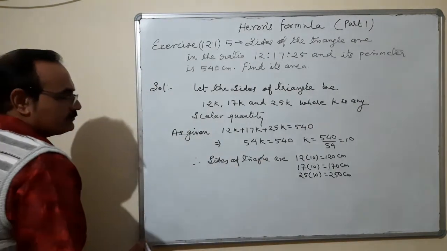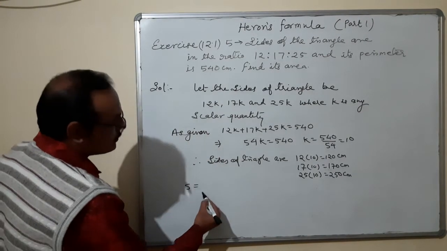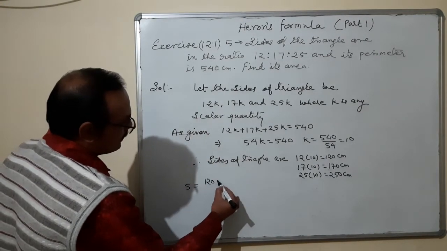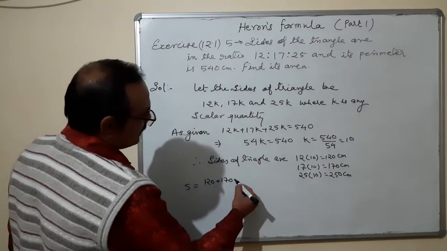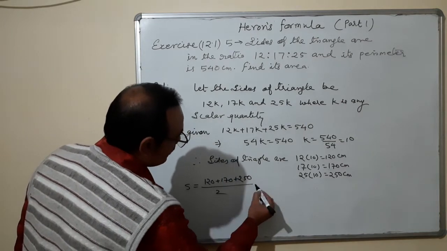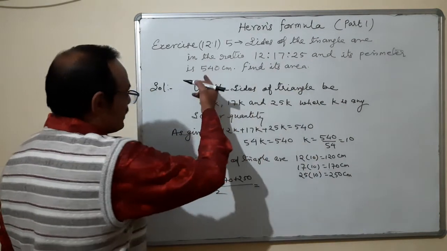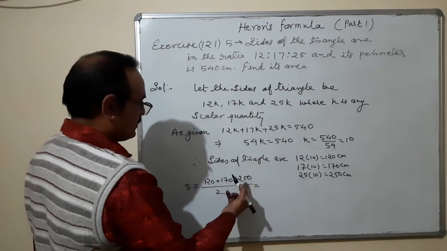Okay. So for finding the area of a triangle, first S is equal to 120 plus 170 plus 250 upon 2. Because the perimeter is already given 540, its sum will be 540. You can check.